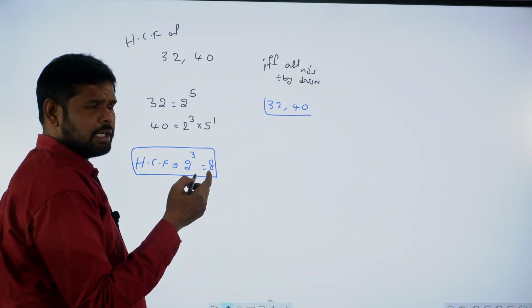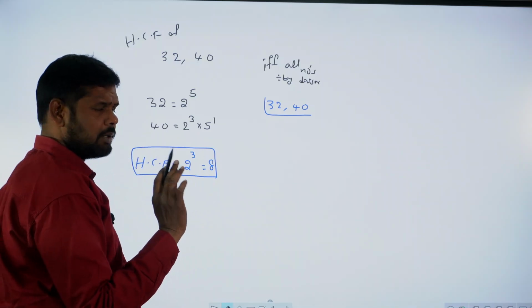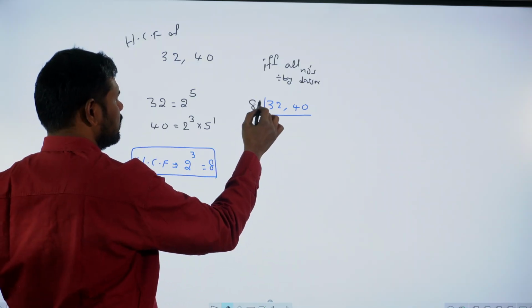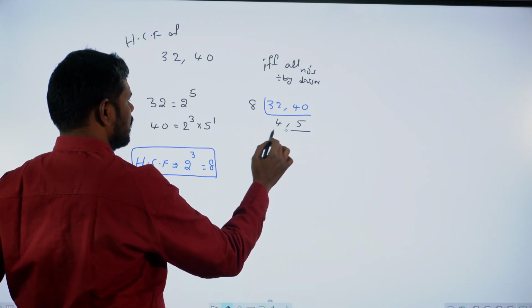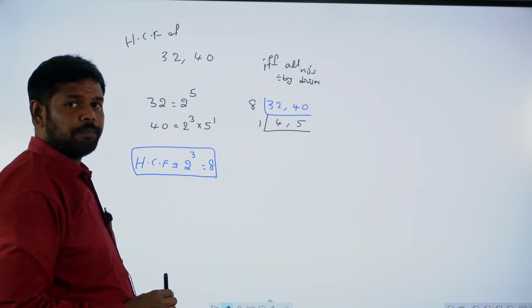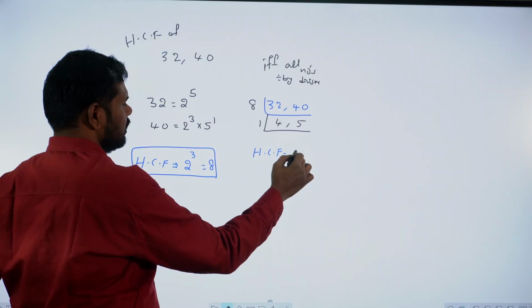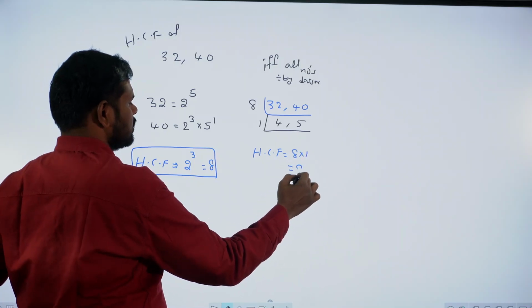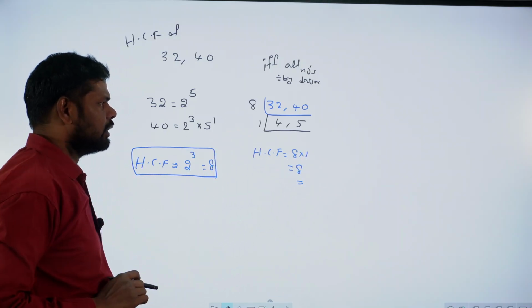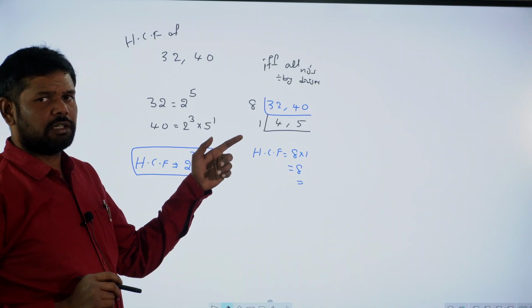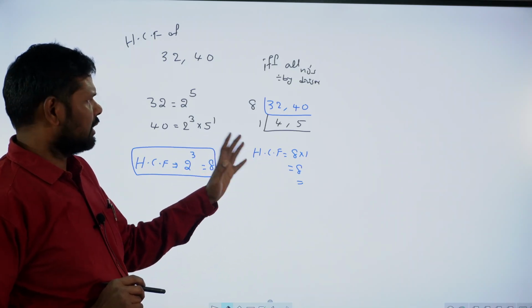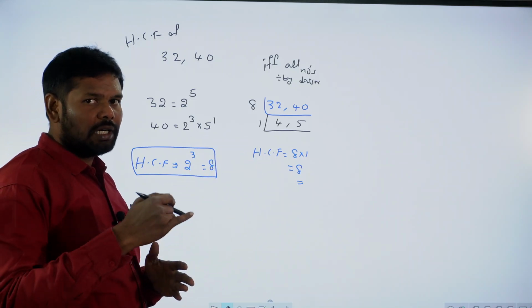The divisor need not be a prime number. Suppose these two are divisible by 8: 8 4s are 32, 8 5s are 40, and the quotients are divisible by 1. Until we get 1 we continue like short division. Then 8 into 1 equals 8. So we do short division for finding HCF also. This is another method.